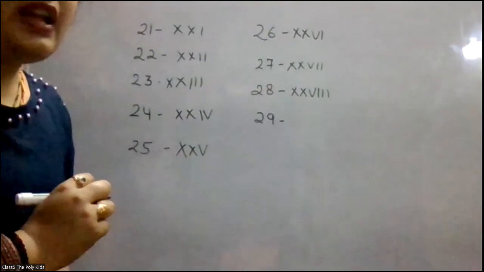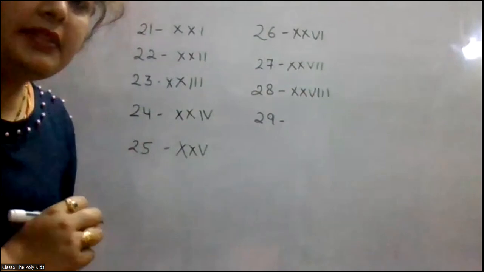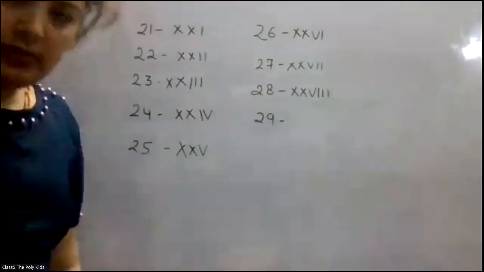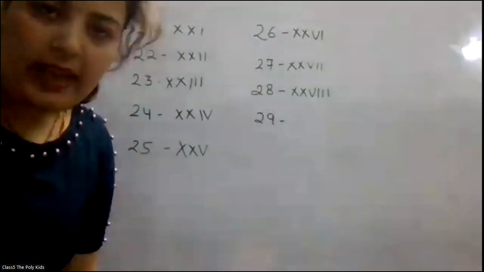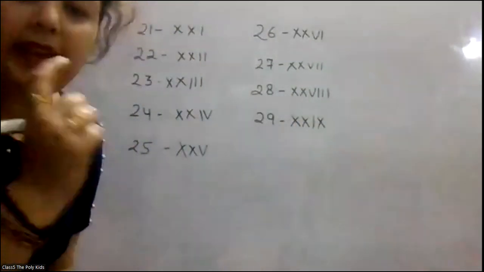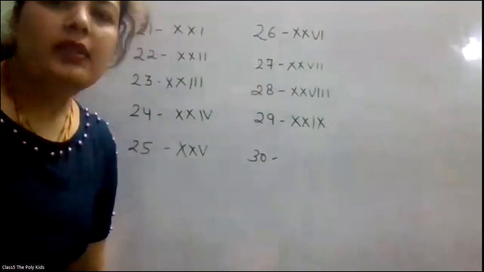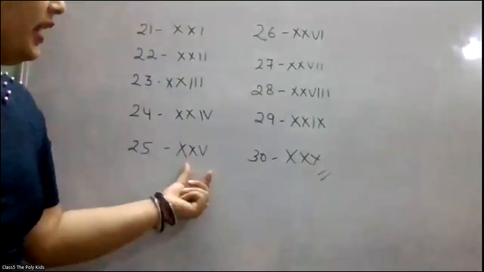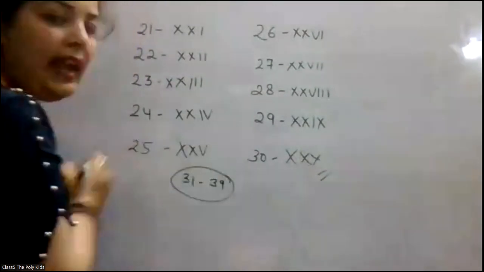Turn on the mic. Ma'am, XXIX. Yes. Okay. Ritunjay, 30 will be ma'am, XXX. Very good. So from 31 to 39, it will be like it.